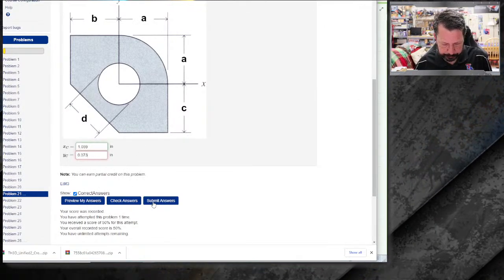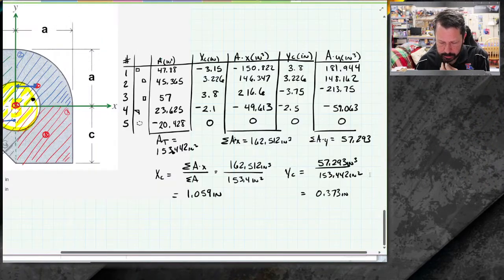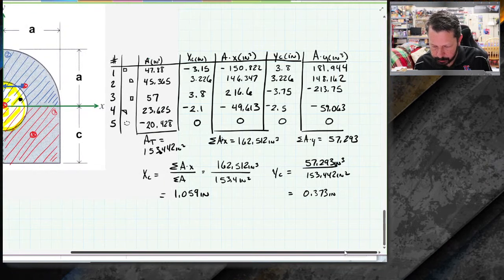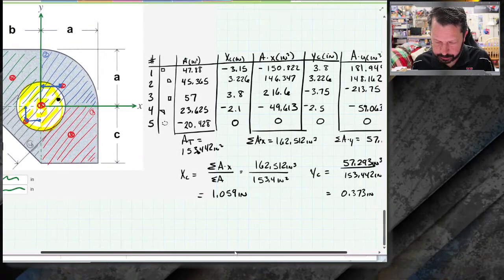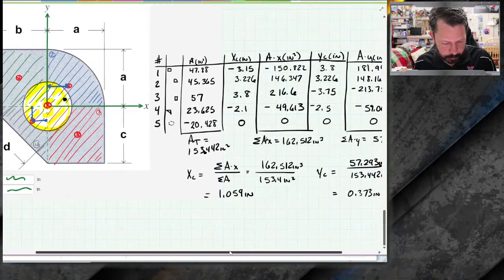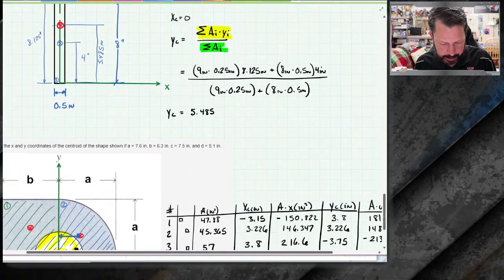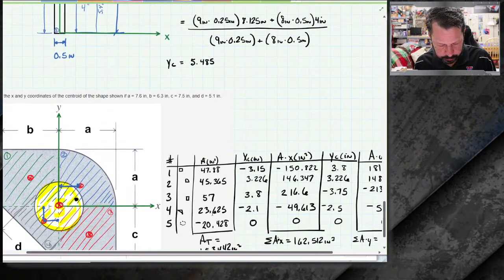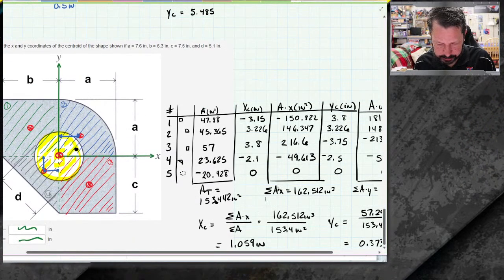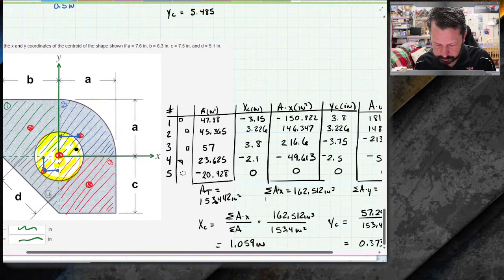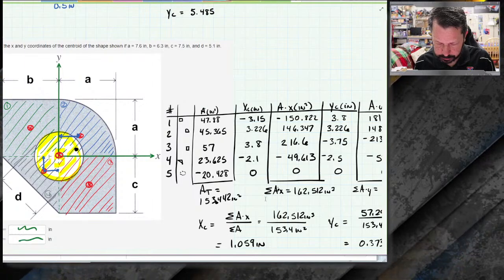0.373. No, oh, 36. So I could have made any number of tiny errors. Let's see if any of them are obvious here. 1 is half of A. That's right. 2 should be the same as that. 3 should be half of C. 3.75.